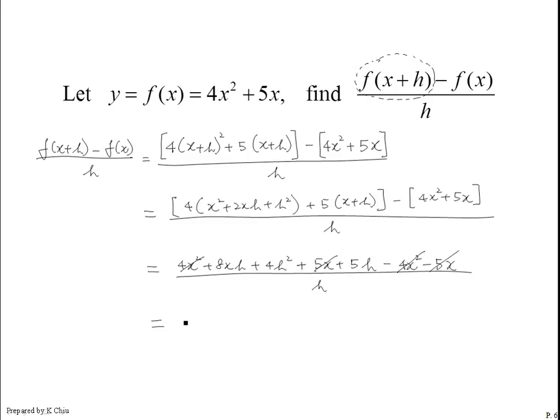So what we need to do is factor out the h. And now, can I cancel out the h? Yes, because it becomes h times something, so I can cancel that out. So finally, it will become 8x plus 4h plus 5.